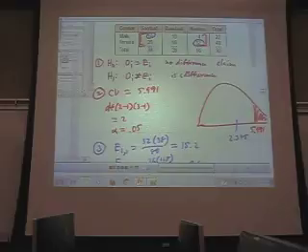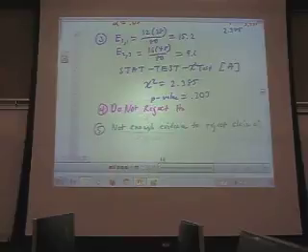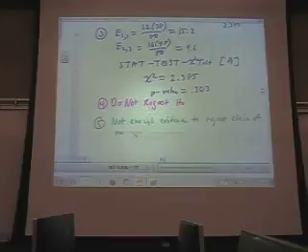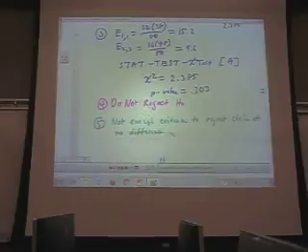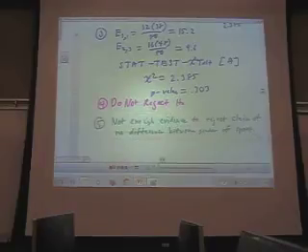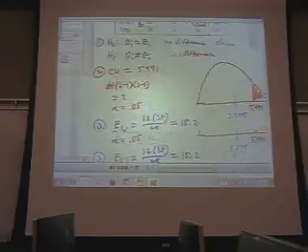Our claim was H naught, so that means we're looking to reject or not reject our claim. So to reject the claim of, what was it, no difference between genders of favorite sports.